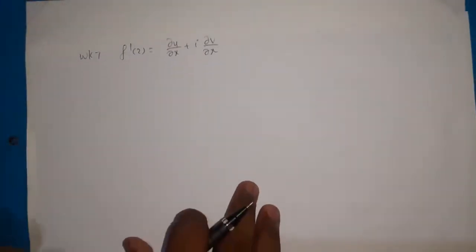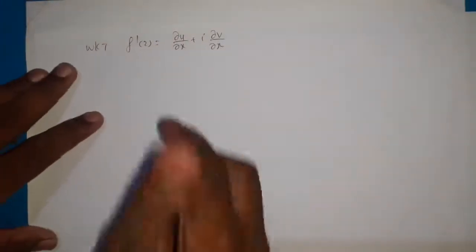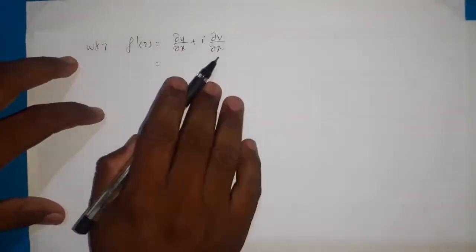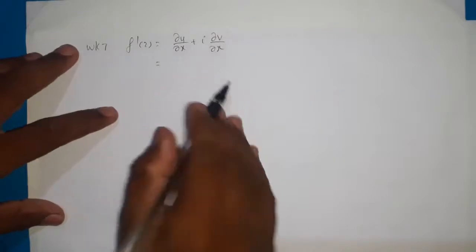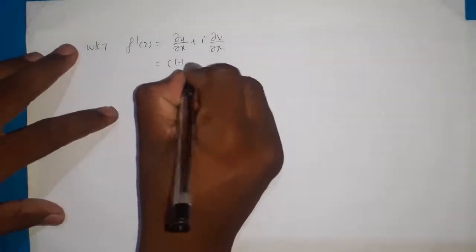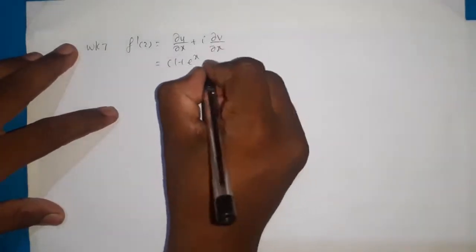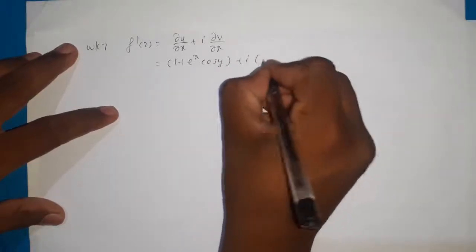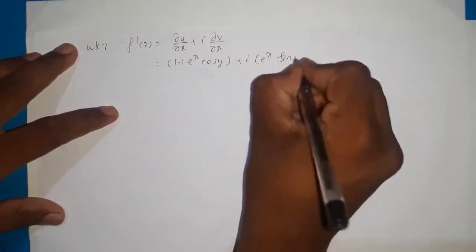Now, substitute the values of dou u by dou x and dou v by dou x. Dou u by dou x is 1 plus e power x cos y plus i into e power x sin y.